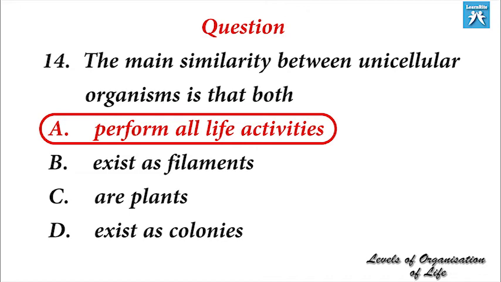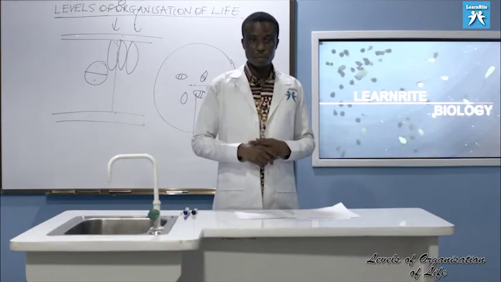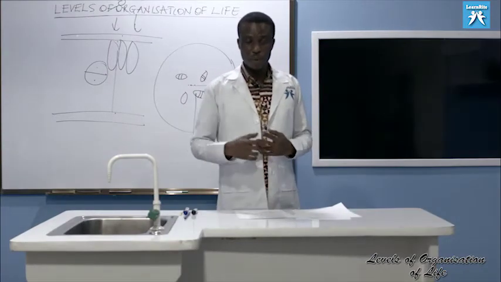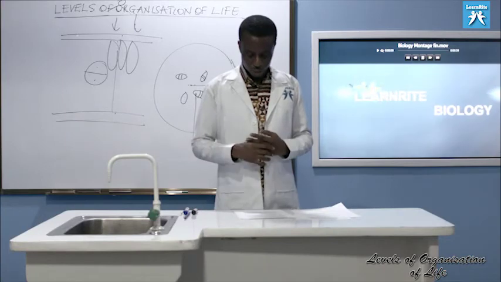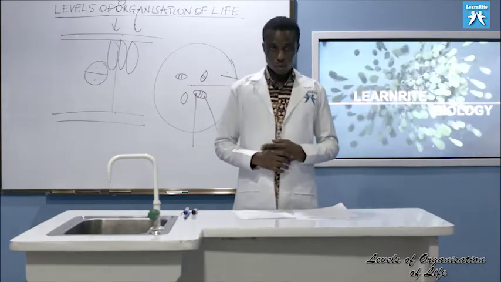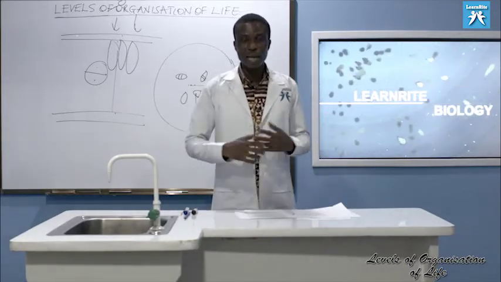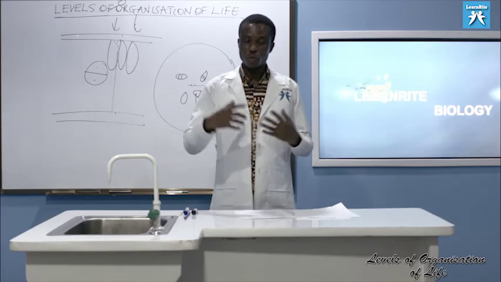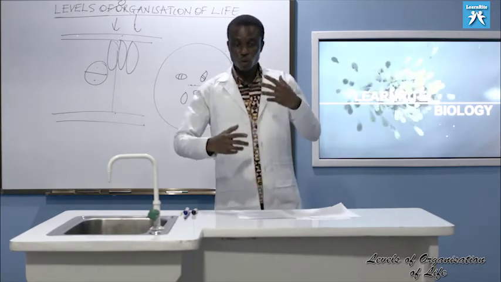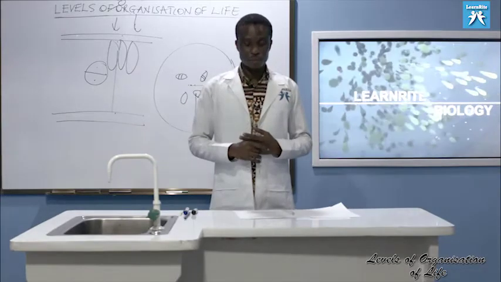That is complexity in terms of the cellular consideration. The cell is complex, it can perform all life activities. But in terms of structure, they are simple. So structurally, they are simple, but physiologically, they are complex. Physiological here means what they can do.